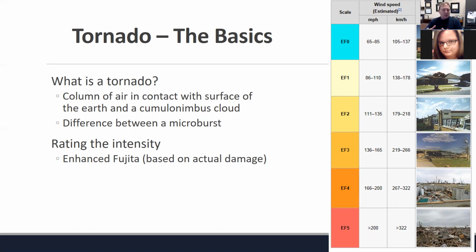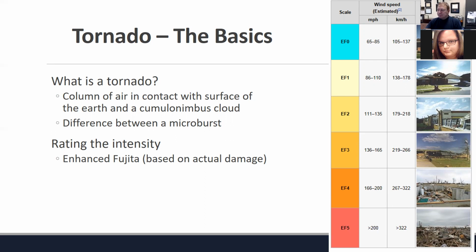We don't want to confuse that with a microburst, which is basically a straight line wind that's moving forward out in front of a large thunderstorm or a cold front moving into the area, with storms that are part of the front moving in.